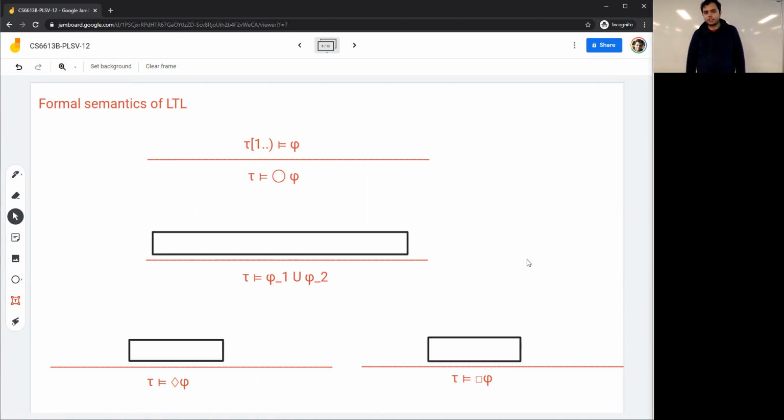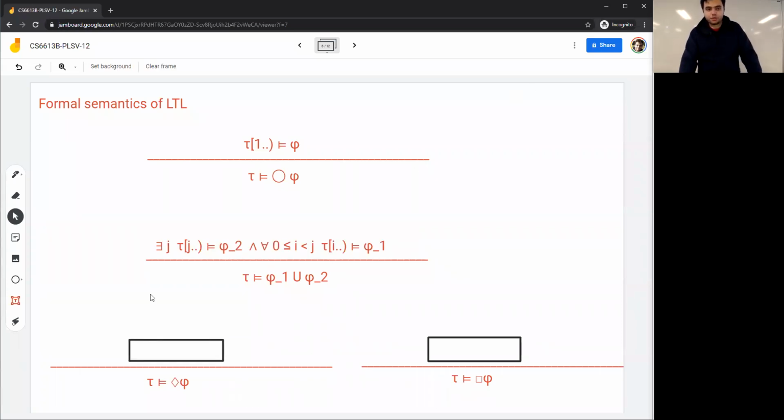So the idea was that there should be some point in time such that phi2 holds at that point. And then at every point before that, phi1 should hold. So let's just write exactly that. There should be some index j, some point in time j, such that if I only look at the suffix that starts at time j, then this satisfies phi2.